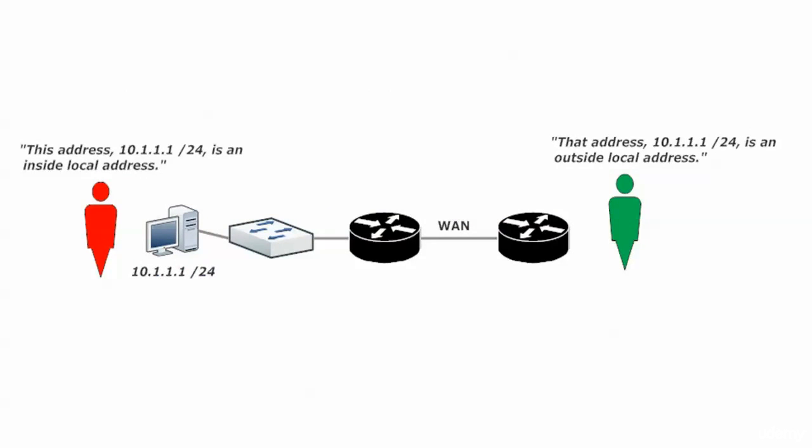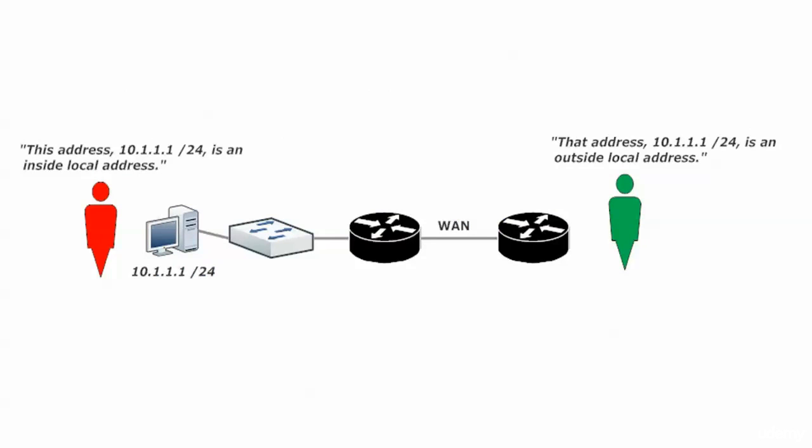If you are the character on the left and you're looking at that address 10.1.1.1, that's inside local to you because it's at the network that you are at. If you are looking across the WAN, like the character on the right, and saying, okay, that address over there, 10.1.1.1, that is outside local.